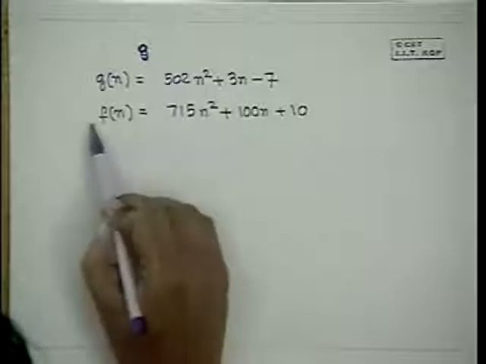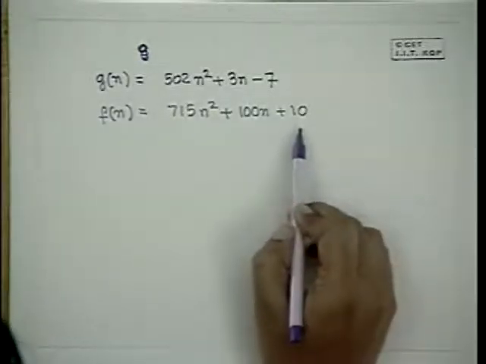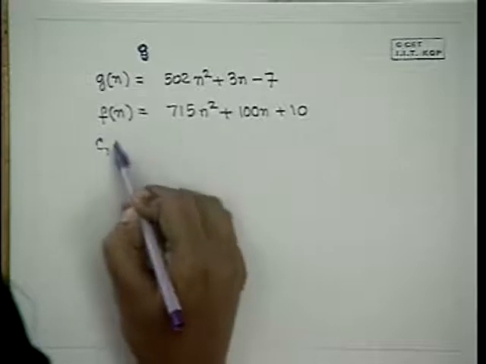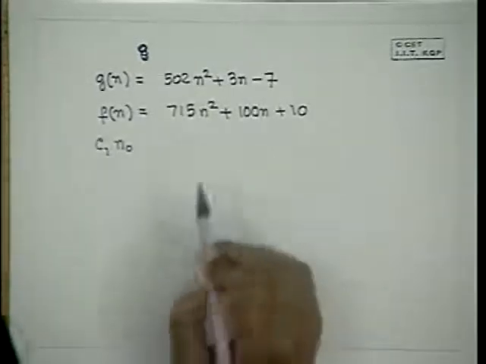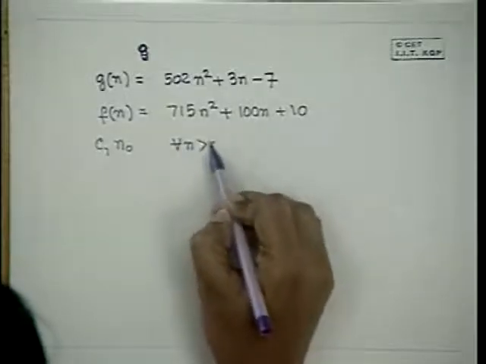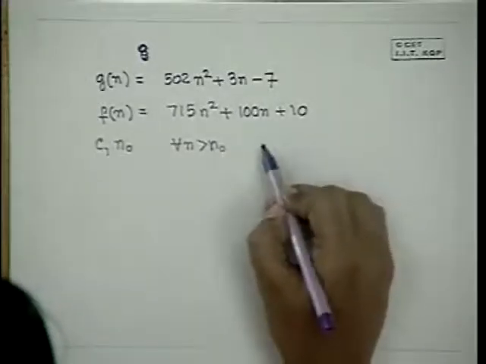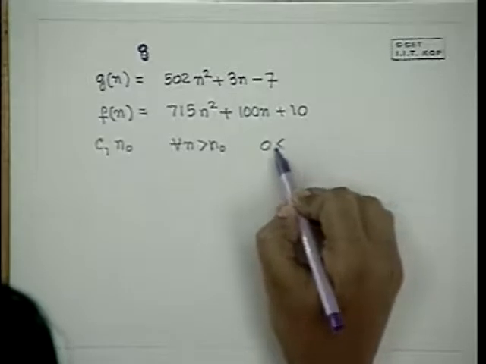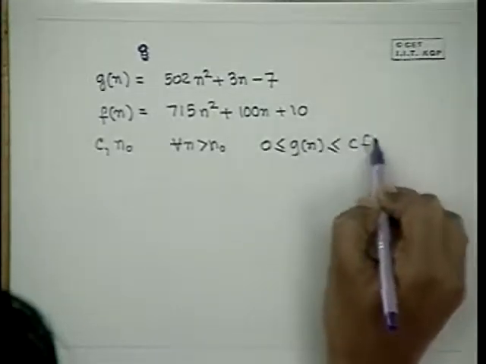So this is G(n), this is F(n). So what are we to find? Two constants C and N0, such that for all n greater than N0, zero is less than or equal to G(n) and less than or equal to C into F(n).